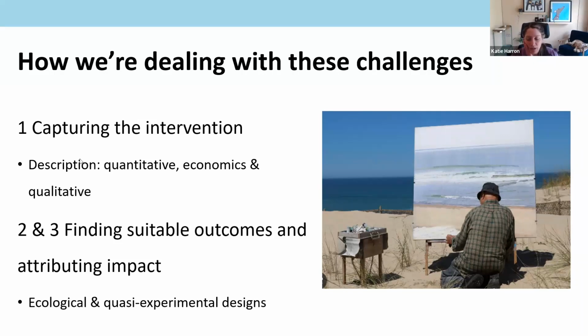And then finally, we're using a range of methodological approaches, including ecological designs that look at how health visiting is delivered within and across different local authorities, but also propensity score matching at the individual level, using the detailed information we have on risk factors from administrative data to try to overcome some of those issues of reverse causality.